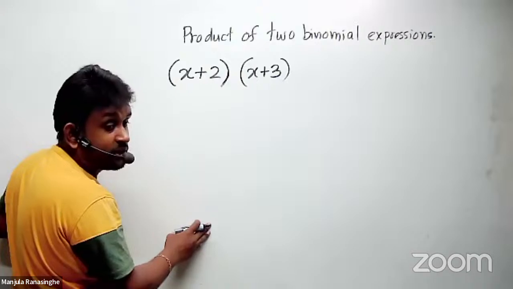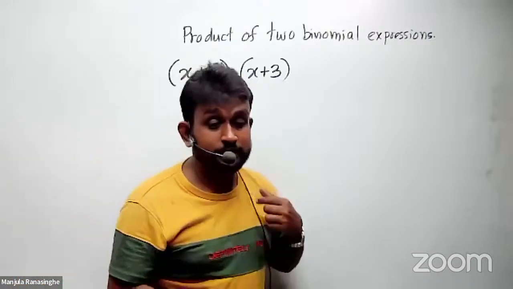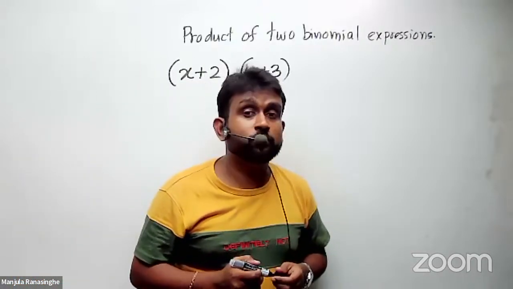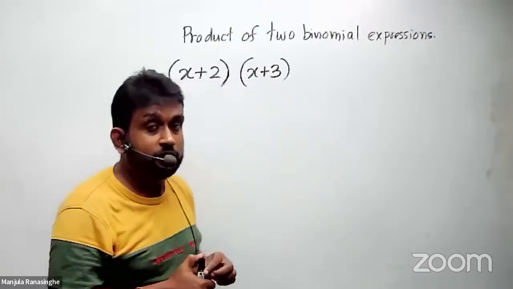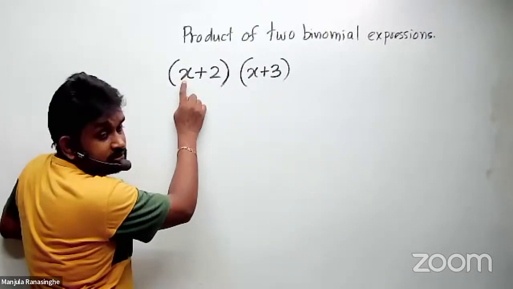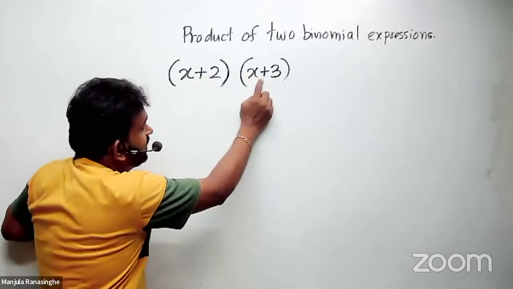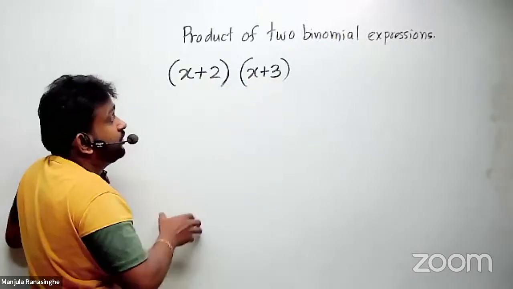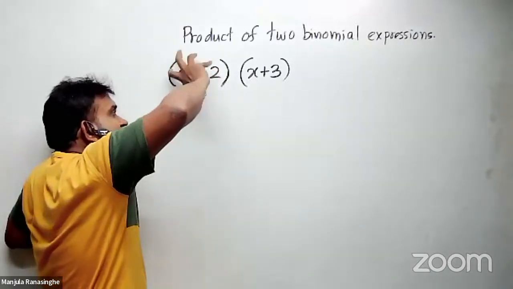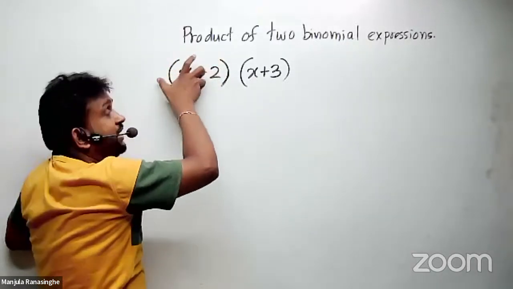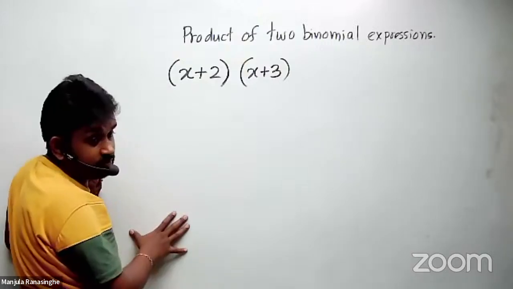We are not writing the product sign, but it is there. So here we have x and plus 2, and here we have x and plus 3. That means the whole expression is to be multiplied with the whole second expression.